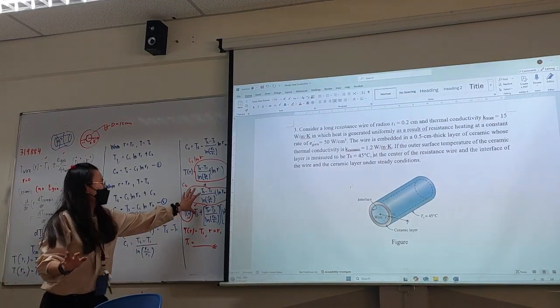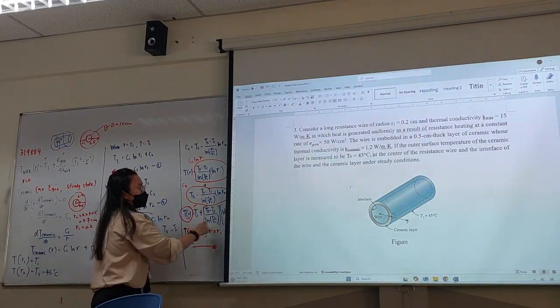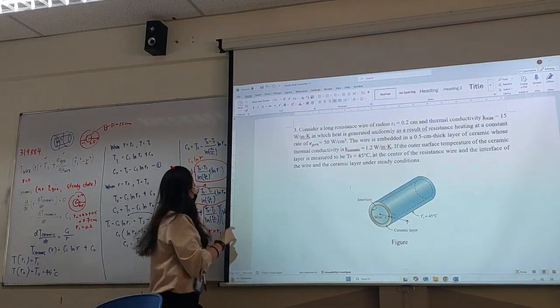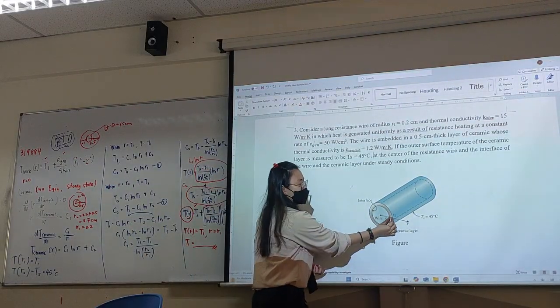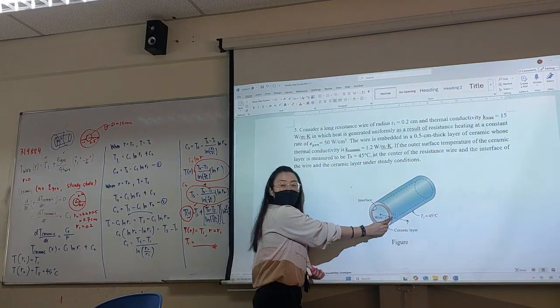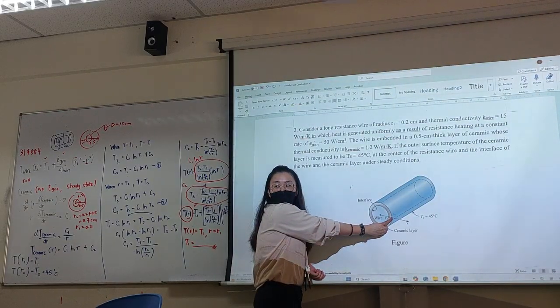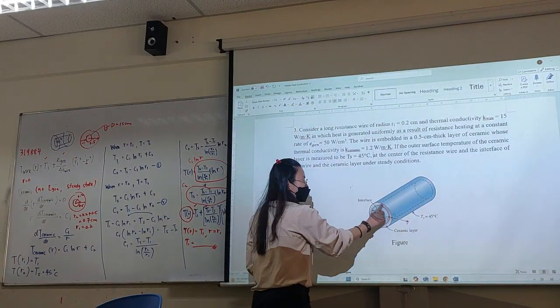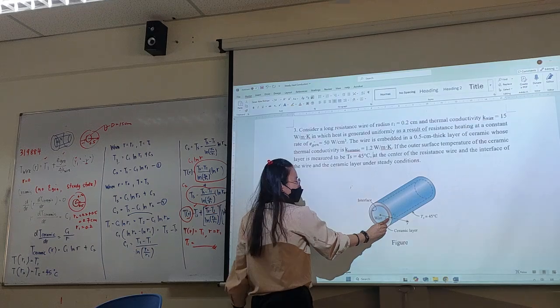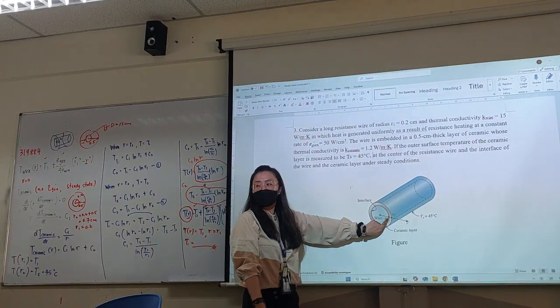You use these equations because this one is applicable for the interface only, R1 until R2. In the middle here, you want to find the temperature.